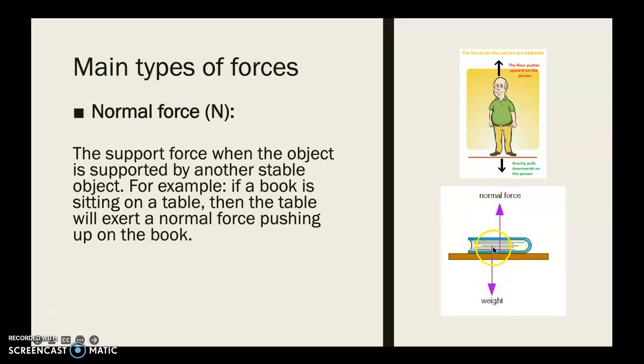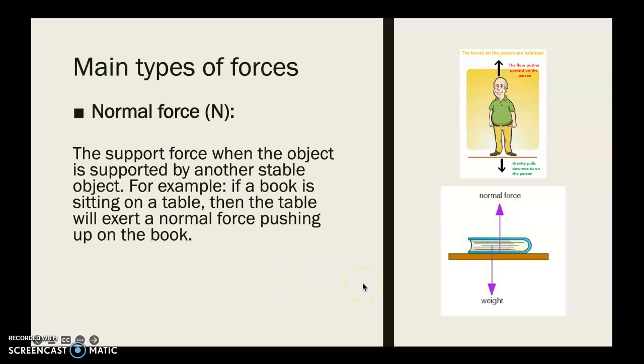So if weight is always going down, then the normal force, for our purposes, will always go straight up. We're not going to do any inclined objects. You'll get into that next year. But for our purposes, it will always be on a flat surface. So normal force will always go straight up. Weight will always go straight down.